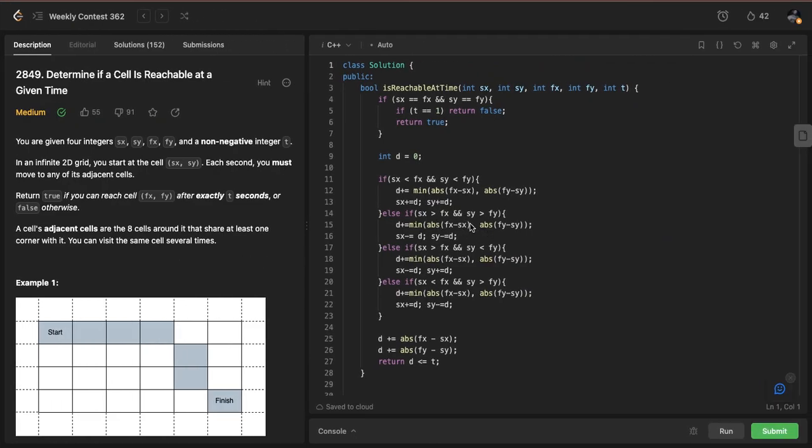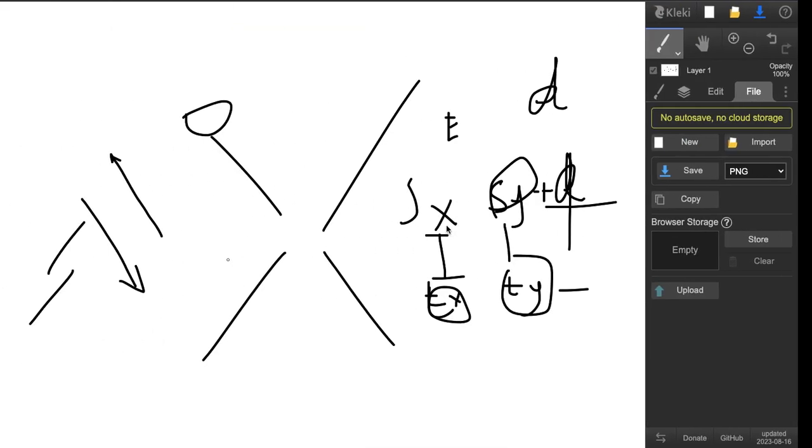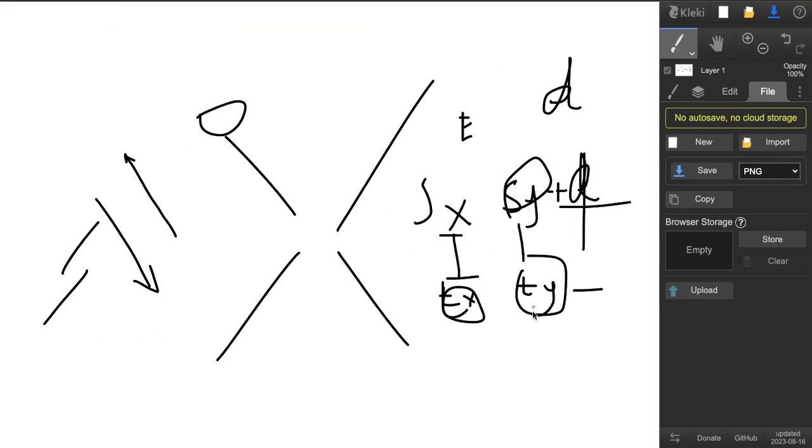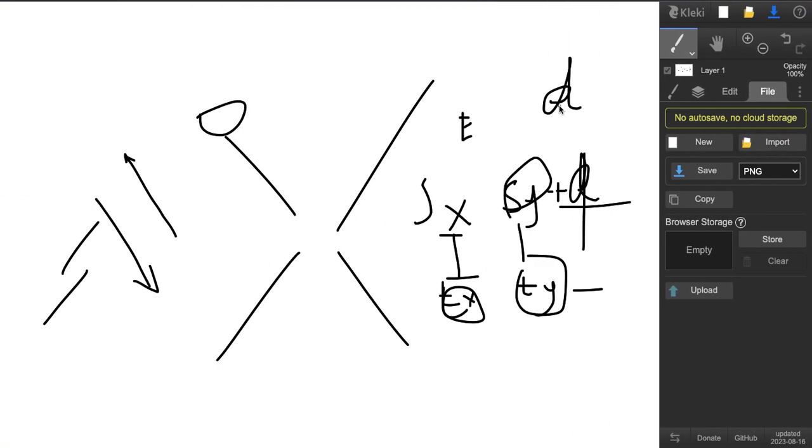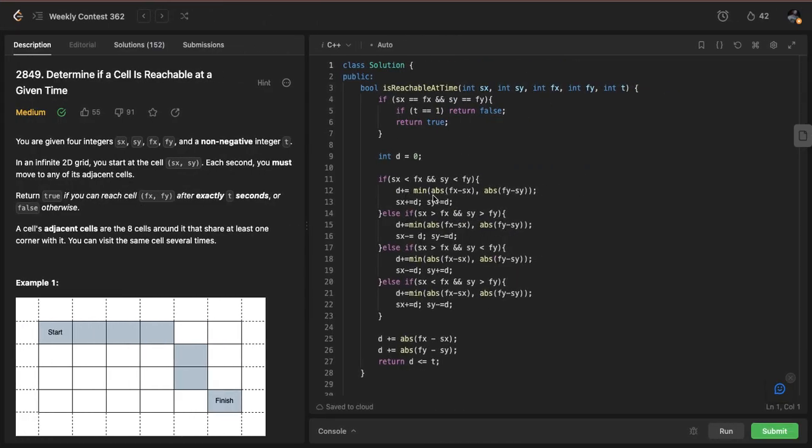And then after that, remember I said that we'll find the minimum difference, right? The minimum difference between the start x and the start y. And then after we found it, that will be our first move. So after we found that one, we added or subtracted it from the start x or y, depending on which direction we are moving in.